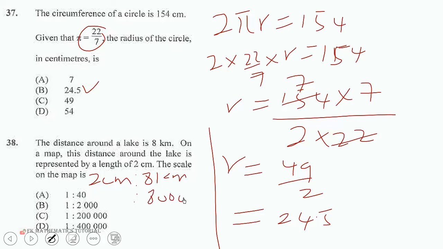Then 8,000 meters is the same as 800,000 centimeters. So 2 centimeters is to 800,000 centimeters. Dividing through by 2, we get 1 is to 400,000, since 2 goes into 800 400 times. So the correct answer is D.